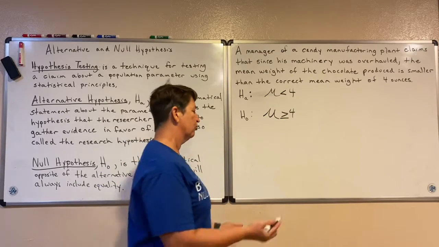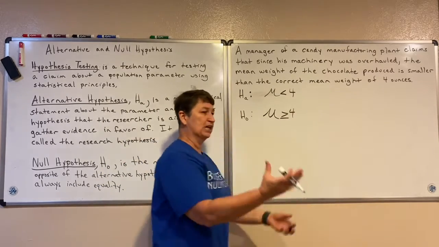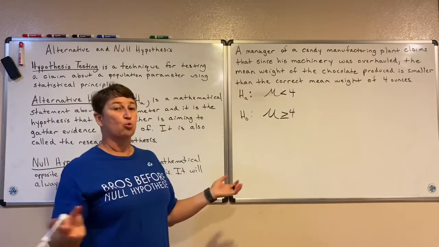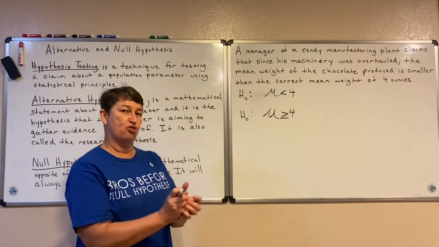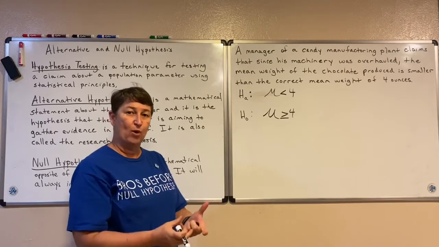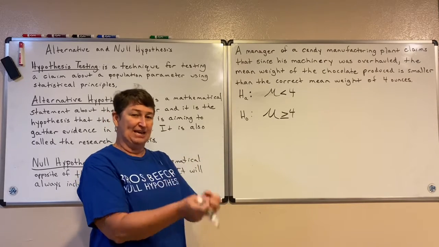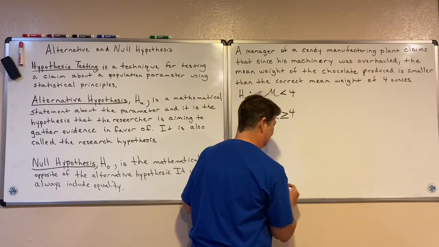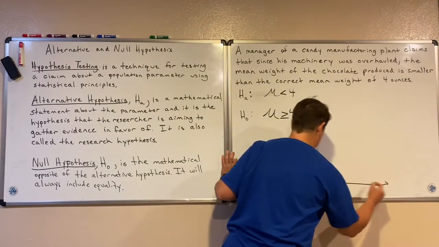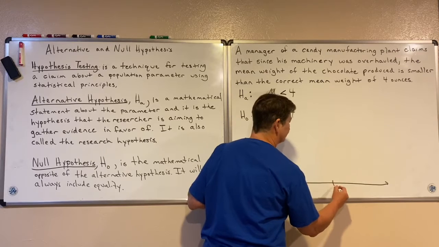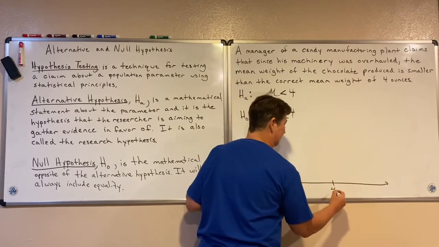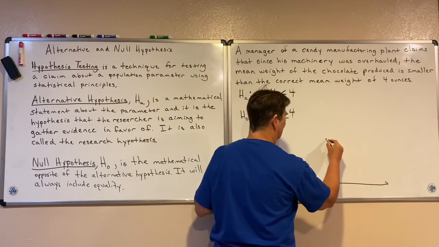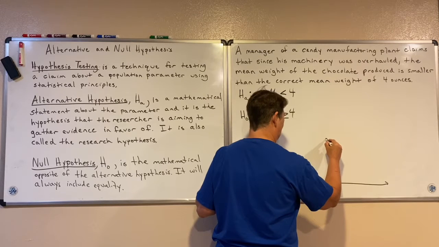So remember that when we go out and we collect a random sample of at least 30 chocolate bars, and we weigh them, and then we find the mean of those chocolate bars, that mean is part of a sampling distribution that is approximately normal. And the mean of that sampling distribution would be the same as the population.